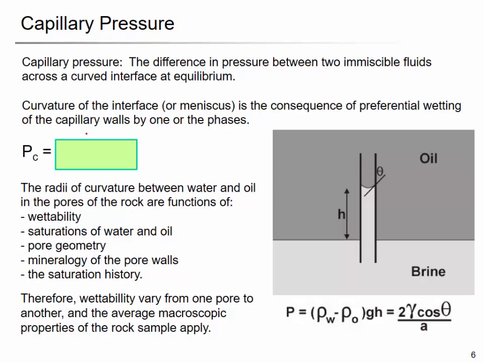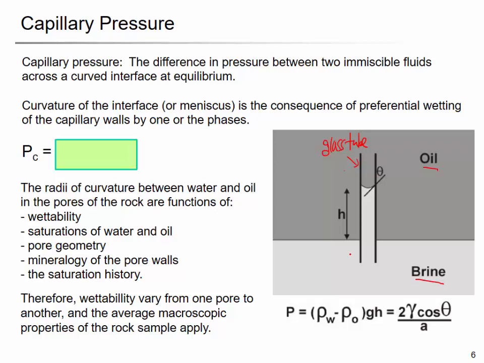And let's look at this case. You have an oil and the brine, so it's a salty, saline water. And let's say that this is the glass tube. This is hydrophilic. And because the diameter of this glass tube is so small, the meniscus can bring up the water above the reference level.